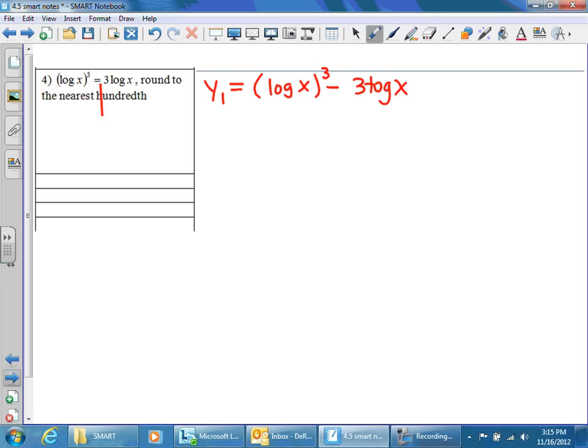Because remember here I could say that that's log of x cubed subtracted over to equal 0. Now that you're here, go find the zeros. So where does it equal 0 in your graphing calculator? And you can pause me while you go check this.